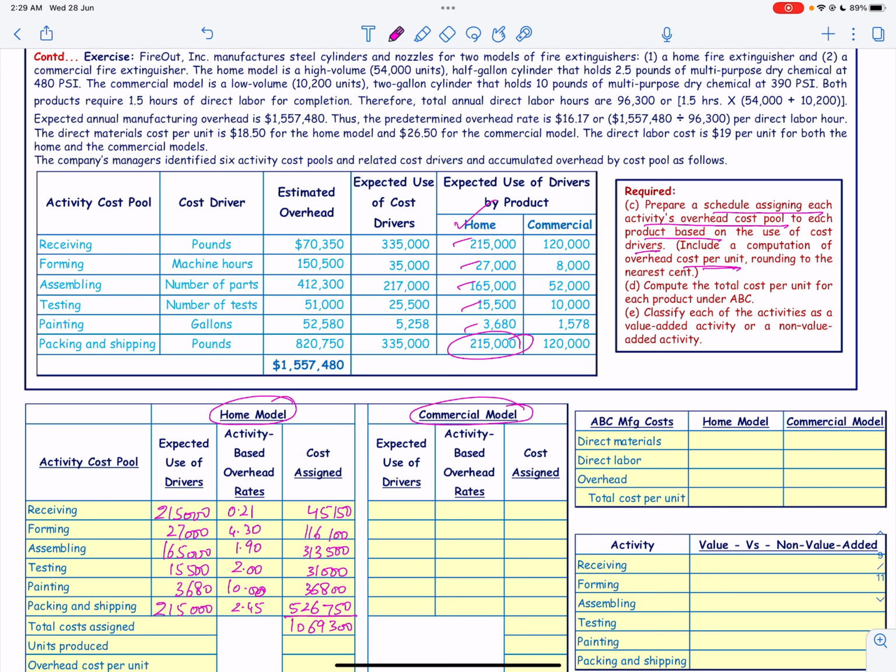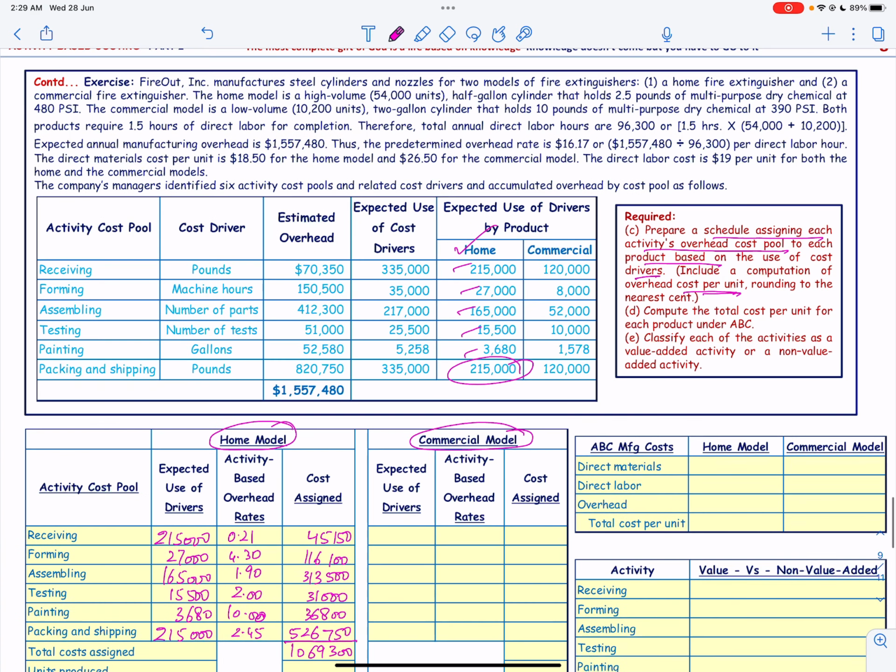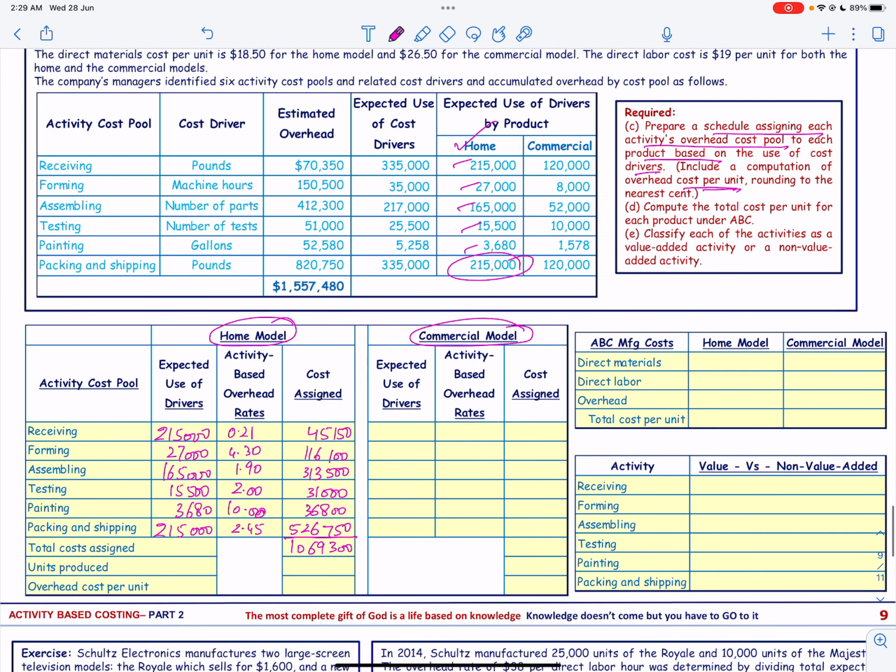We already know that the units produced are 54,000 for the home model. So we are going to divide the total cost assigned by the units produced, that is 54,000, and we get 19.80.